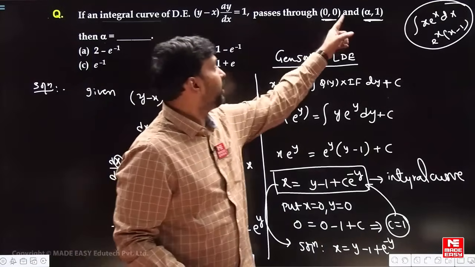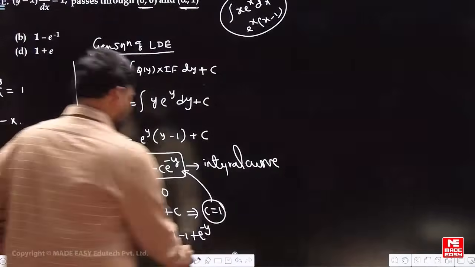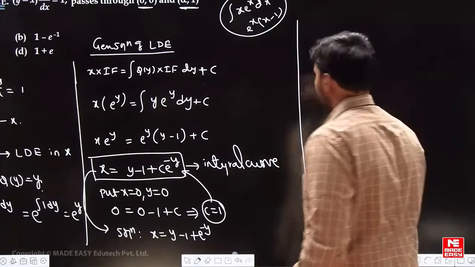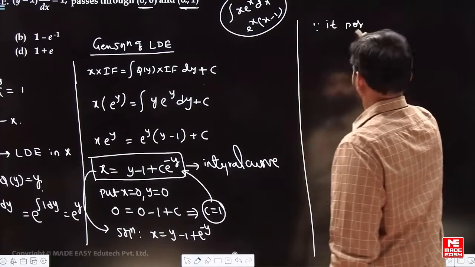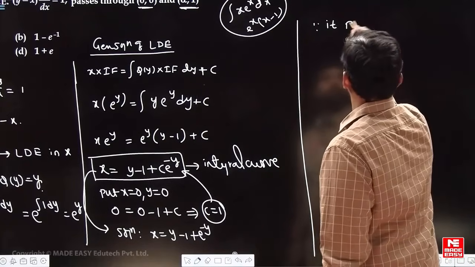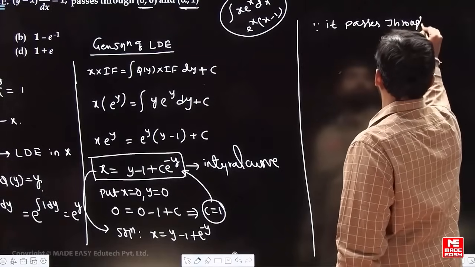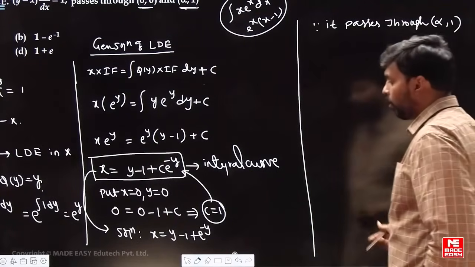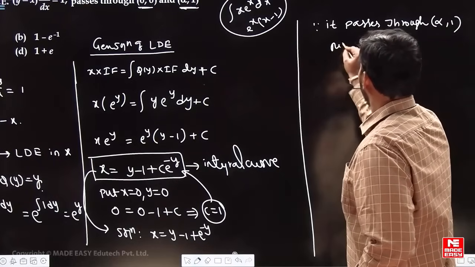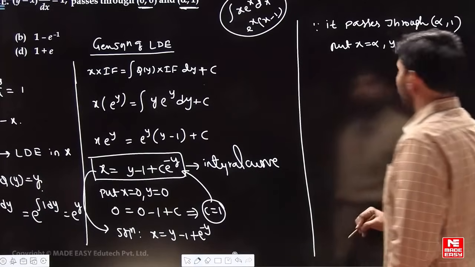But now it is also passing through another point, right? Yes, let's use that also. Since it passes through (alpha, 1), put x equal to alpha and y equal to 1.